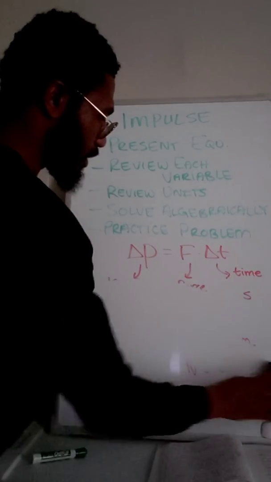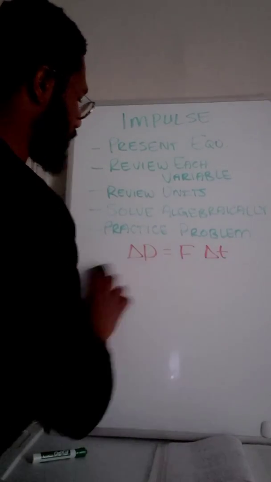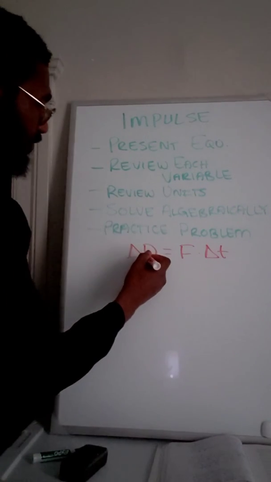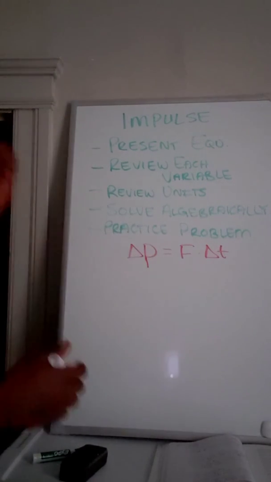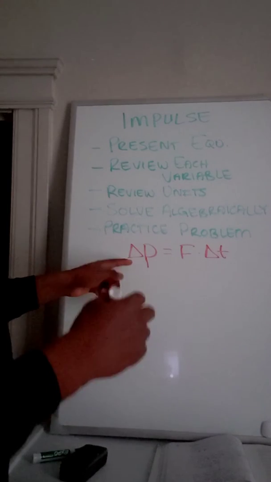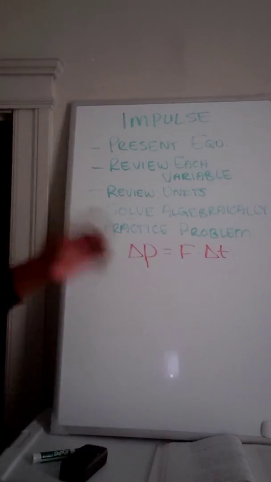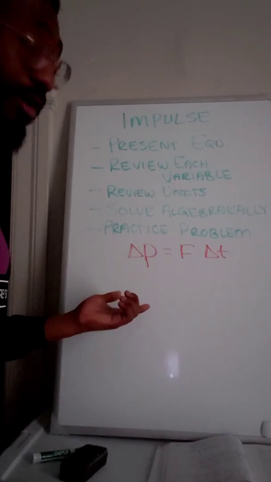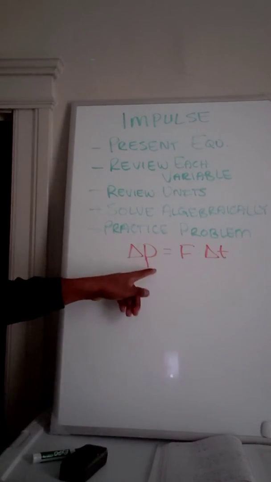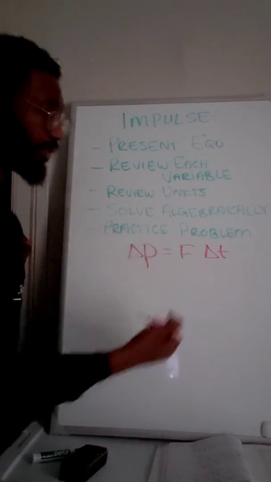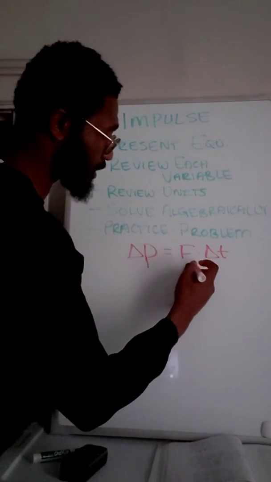So now let's go ahead and try to rearrange this equation algebraically to solve for each variable. So if I was trying to solve for delta P, or the impulse, the change in momentum, I actually wouldn't need to change this equation at all because delta P is already by itself. Okay? Now let's say I want to solve for the force that the object experiences.